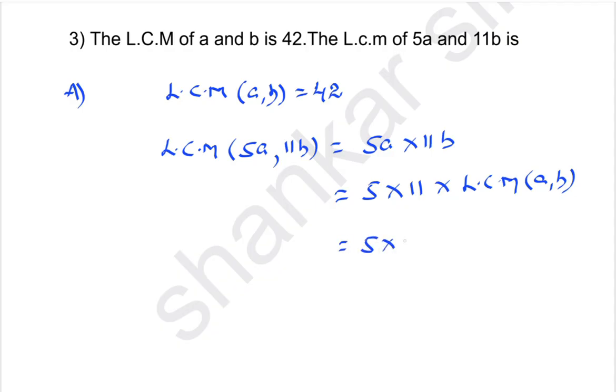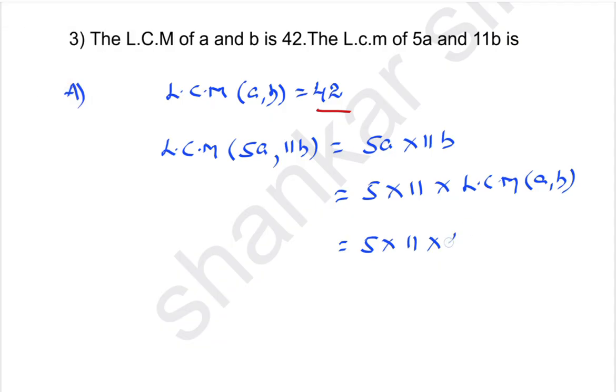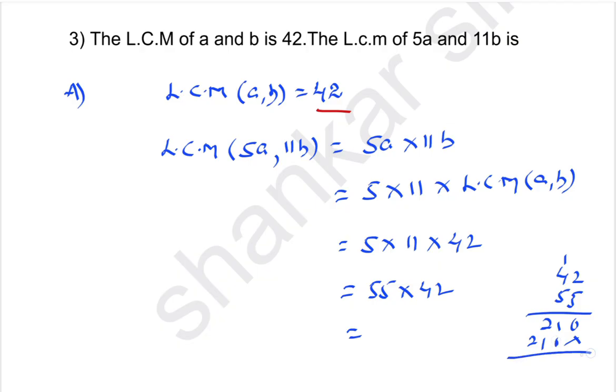So 5 into 11 into, it is already given, the least common multiple of a, b, that is 4200. Therefore the answer will be 55 into 4200. So 2310. That is the answer.